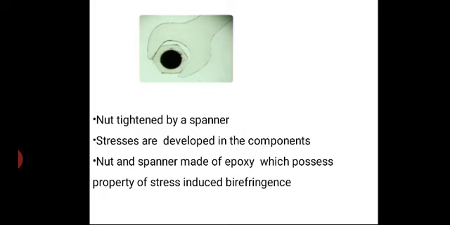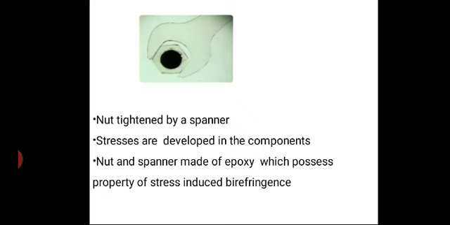For a clear picture of how the stress is distributed, we shall consider the material of both the spanner and the nut as epoxy material, where we can clearly understand how the stress is distributed.